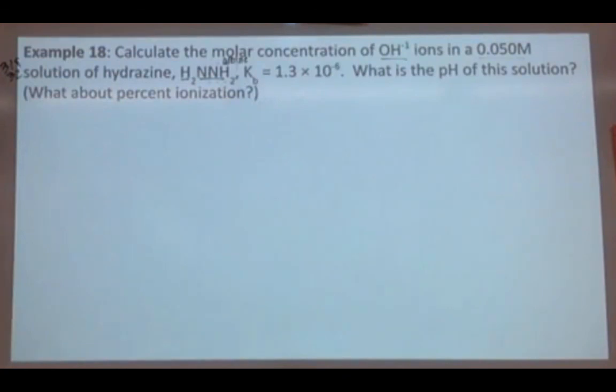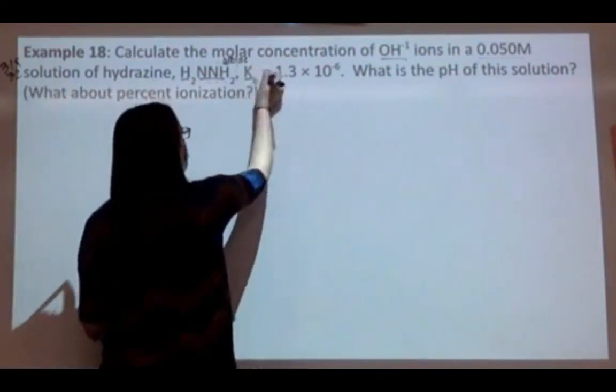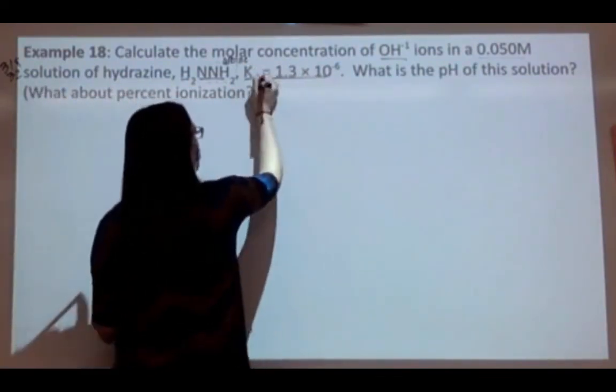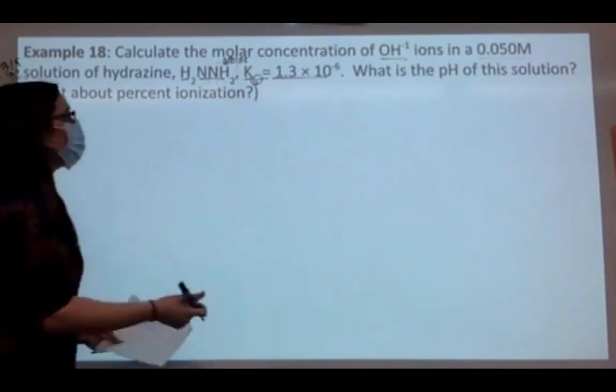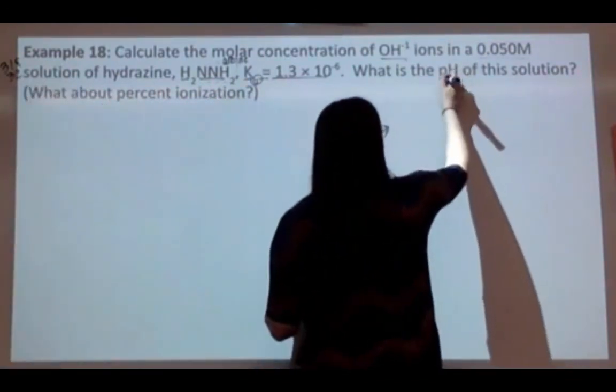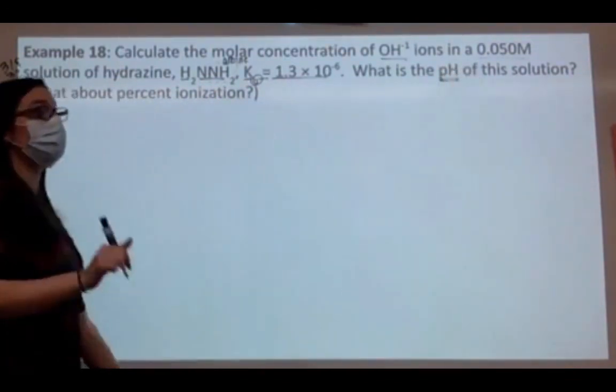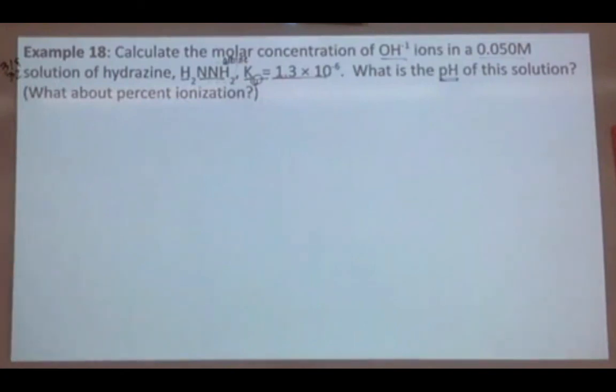But amines are bases. They're weak bases. The other reason that I know this is a weak base is because they gave me the Kb value. Kb means we're dealing with a weak base. And then it also asks for the pH. Now, it's important to remember if we're dealing with a base, pay attention to what we're calculating.